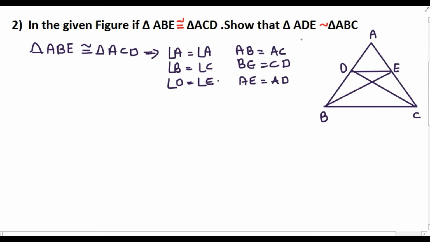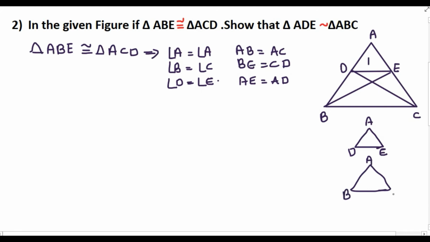Now we need to show that triangle ADE, that is the small triangle, is similar to the big triangle ABC.